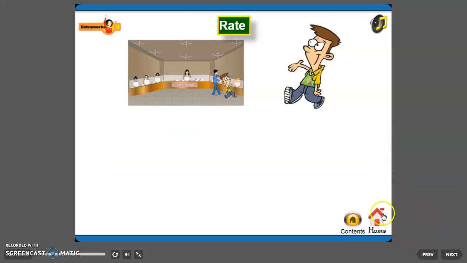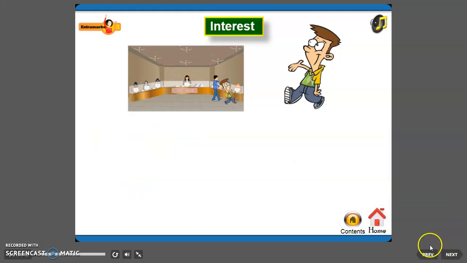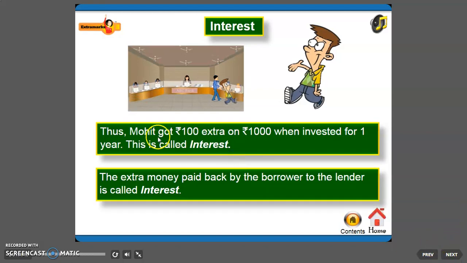Rate, as I have explained already: for every 100 rupees, Mohit gets rupees 10 extra. This is called rate. The interest paid on rupees 100 for a specific period of time is called rate. It is expressed in percentage. Hope it is clear, children. And interest, the extra amount that he gets, that is called interest.